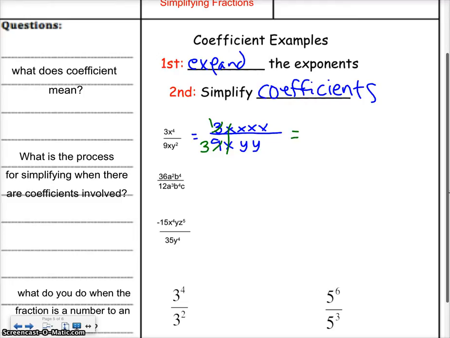So on the top I have x cubed. Now why didn't I put the 1 there? Do I have to put the 1 there? No. So I let the 1 hide if the 1 wants to hide. If the 1 does not have to show face, I let it just be in peace by itself. Over a 3 on the bottom and 2 y's.